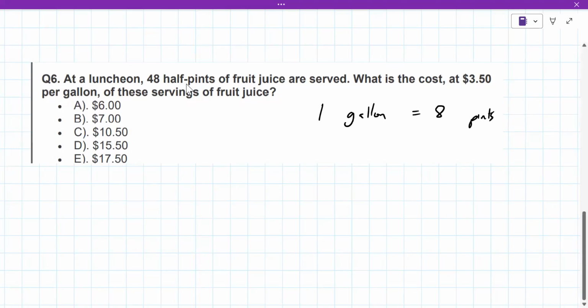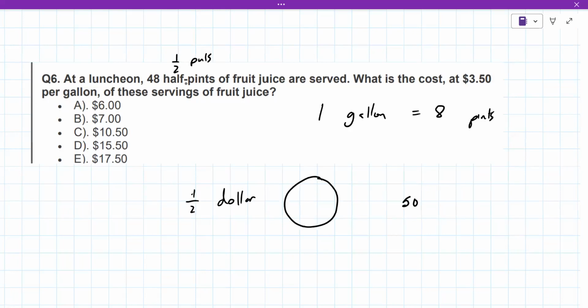Okay. Now 48 half pints is really how many actual pints? It's like saying 48 half dollars is how many actual dollars. Have you ever had someone give you a half dollar, the larger coin?